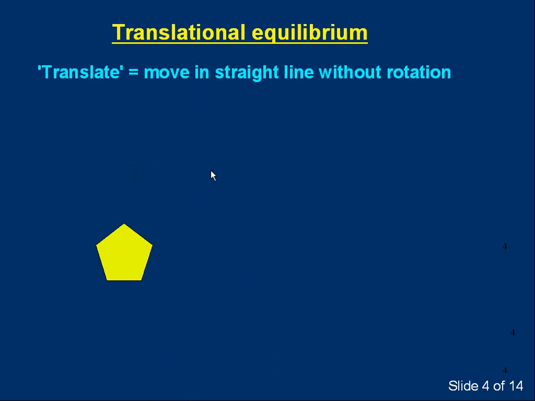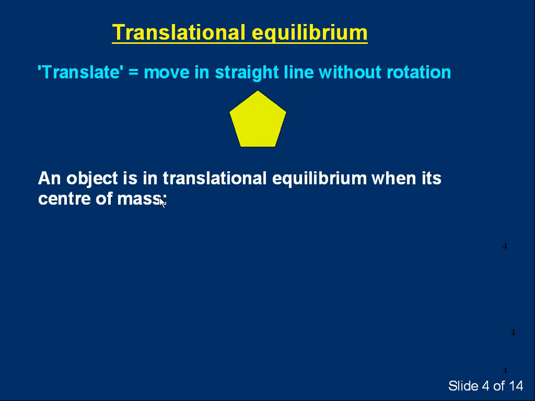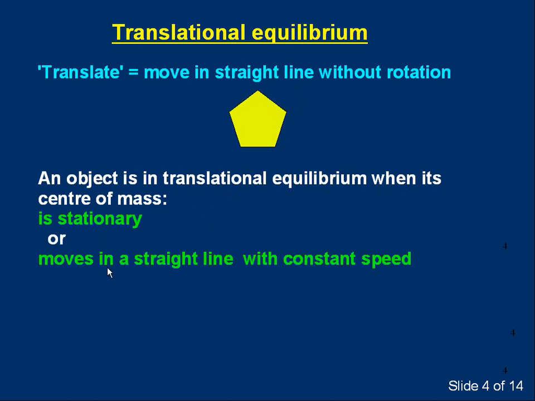So what do we mean by translational equilibrium? Well, translate means to move in a straight line without rotation. For example, the pentagon is translated. And if an object is in this state we call translational equilibrium, it means its centre of mass is stationary, or its centre of mass is moving in a straight line with a constant speed.